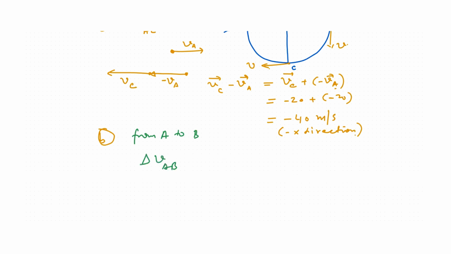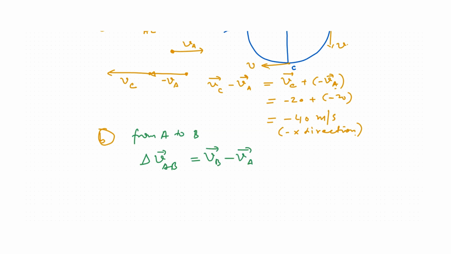So this is actually VB minus VA. VB minus VA. Now let us see what my VB is.